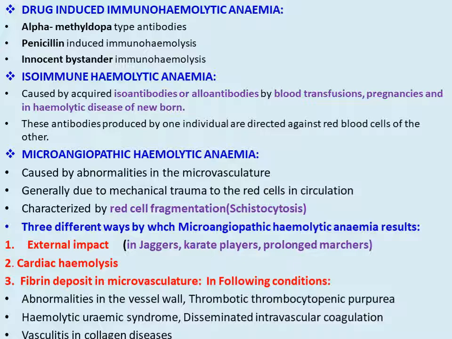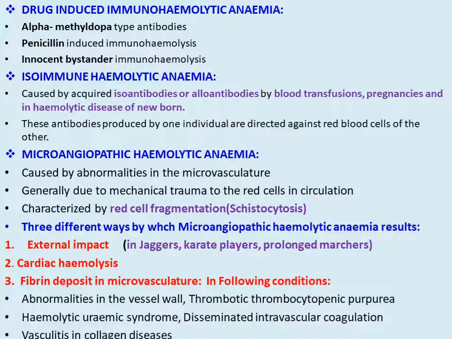Next, isoimmunohemolytic anemia. It is caused by acquired isoantibodies or alloantibodies from blood transfusions, pregnancies and hemolytic disease of newborn.